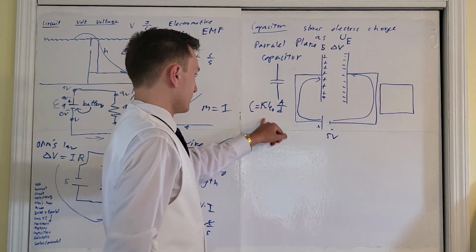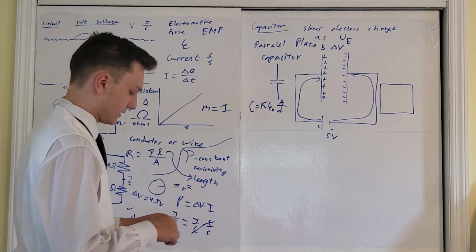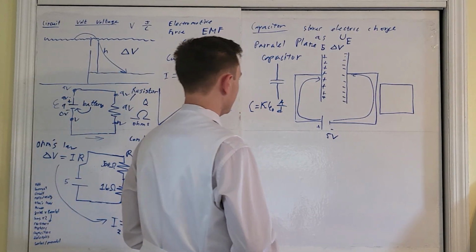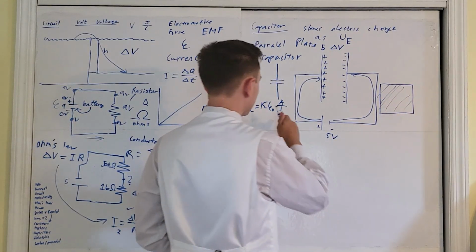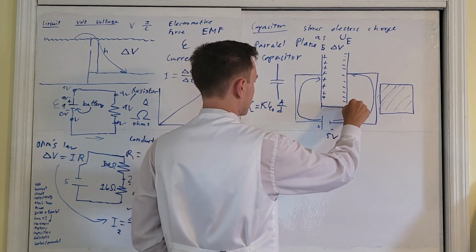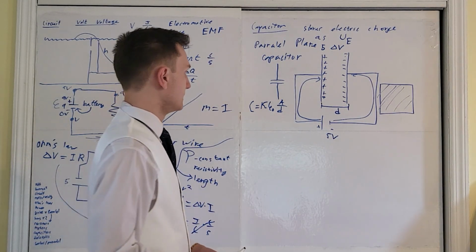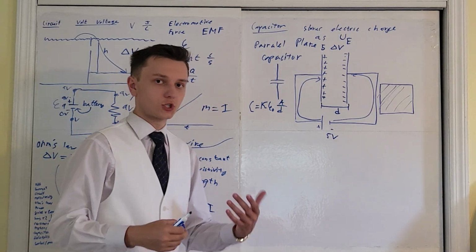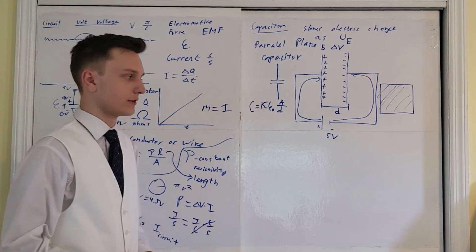Kappa being our Greek letter that looks like a K, epsilon naught being the vacuum permittivity that we covered in the previous unit, area being the area of one of our parallel plates, distance being the distance by which they are separated. The capacitance, what is capacitance?